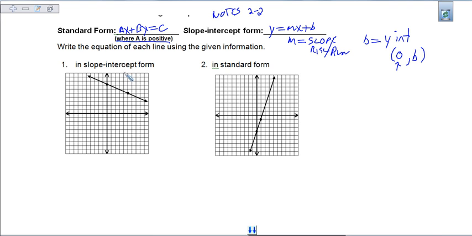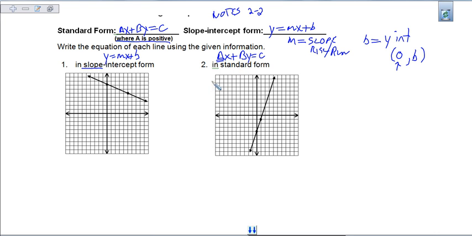They give us a couple of graphs in the first couple of problems, and they want you to write the first one in slope-intercept form, so y equals mx plus b, and they want us to write the second one in standard form, and we know that a has to be a positive integer, and b and c are also integers as well.